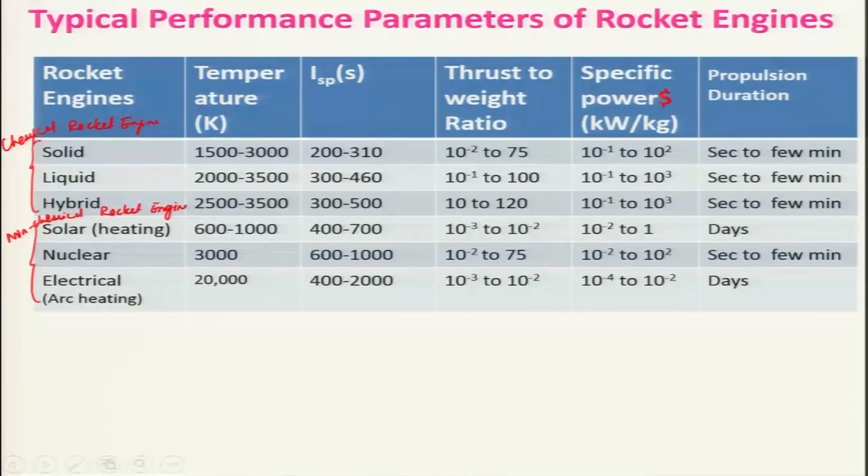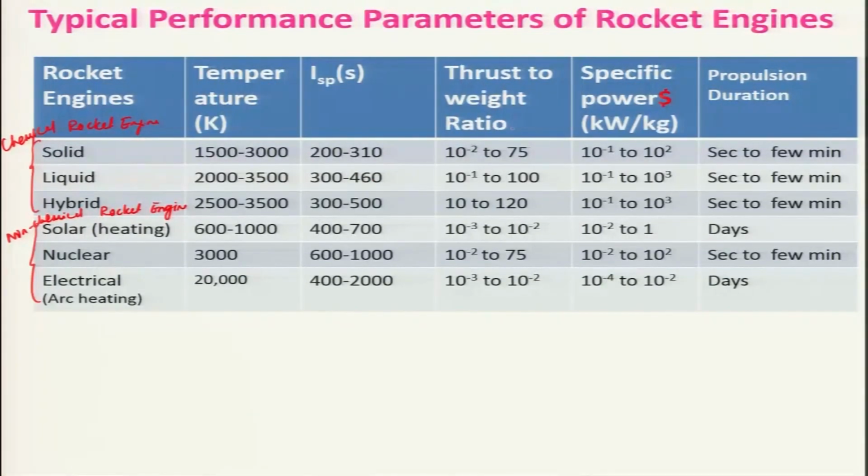You can see that a solid propellant rocket engine operates at 1500 Kelvin, liquid is something like 2000 to 3500 Kelvin, and of course hybrid is in a similar range. ISP is the lowest in the case of solid propellant, and a little bit higher in liquid, that is 300 to 460, and hybrid is a little bit more.